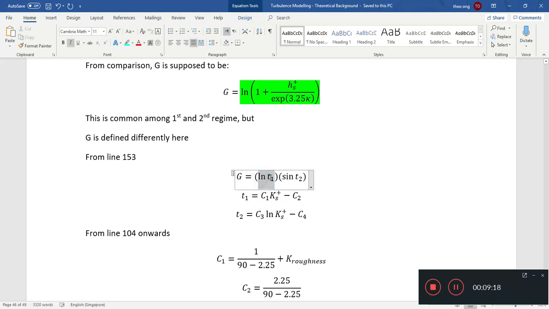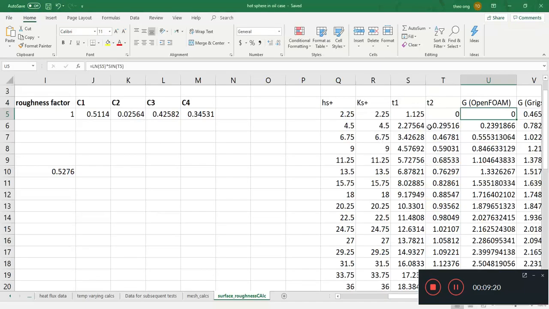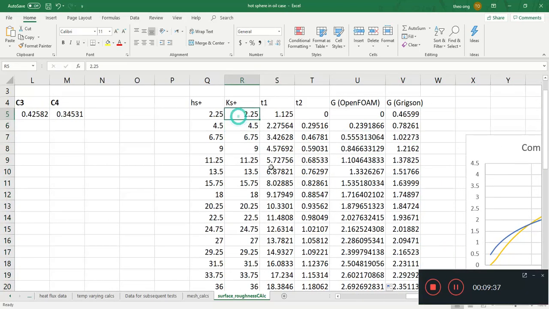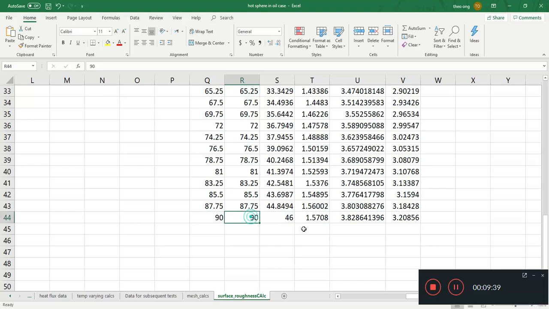So I have ln of T1 times sine of T2. The formula is ln of T1, which is in S5, and sine of T2, which is in T5. I'll go all the way from Ks equals 2.25 to 90.